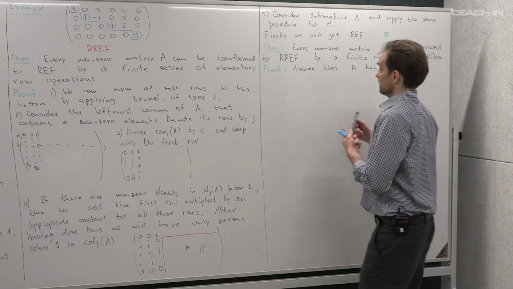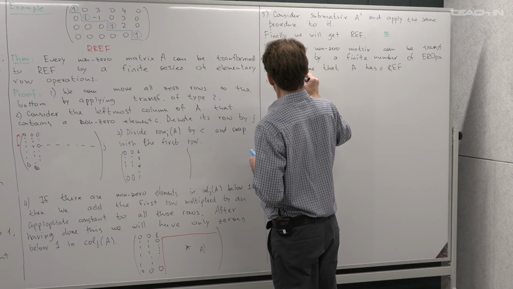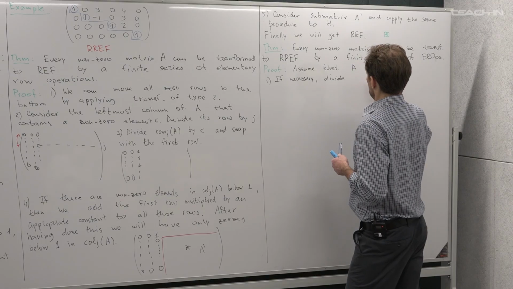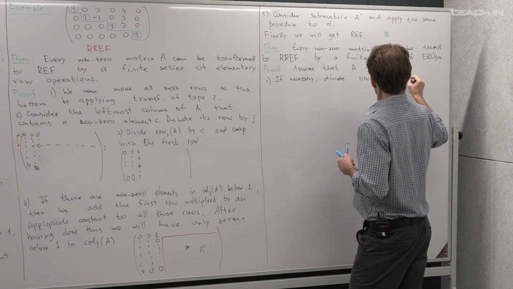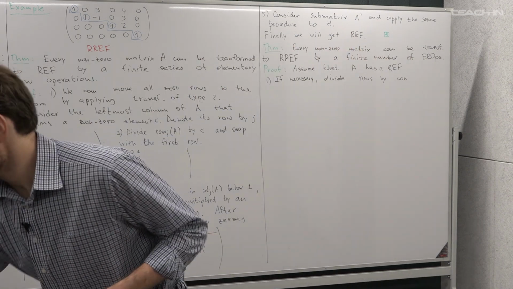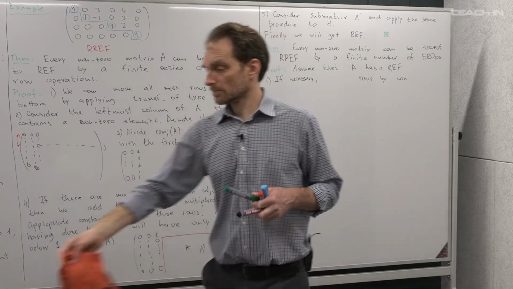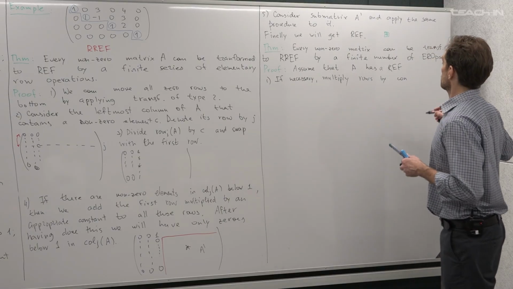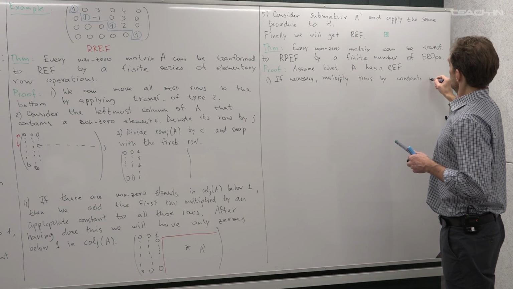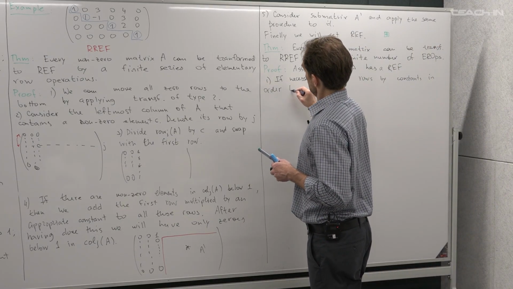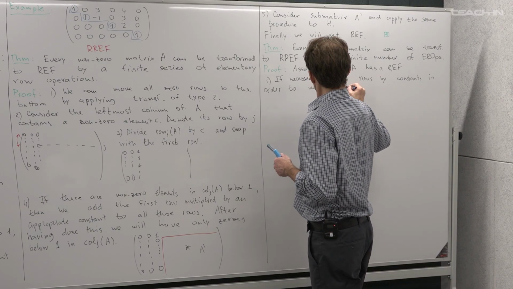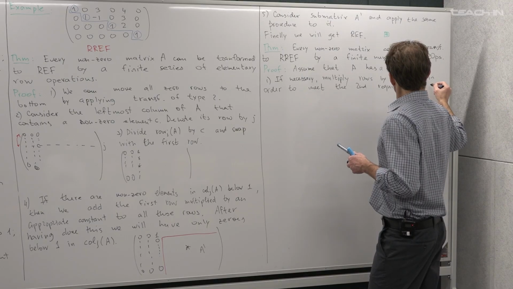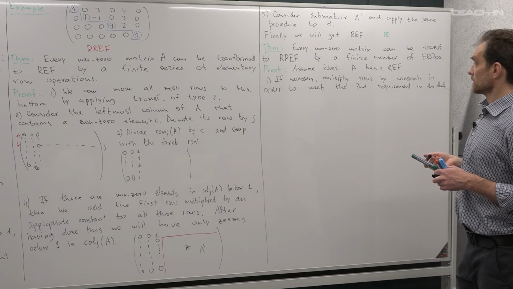So, first, if necessary, divide rows by constants, or multiply, maybe I'll better say multiply rows by constants in order to meet the second requirement in the definition of reduced row echelon form.